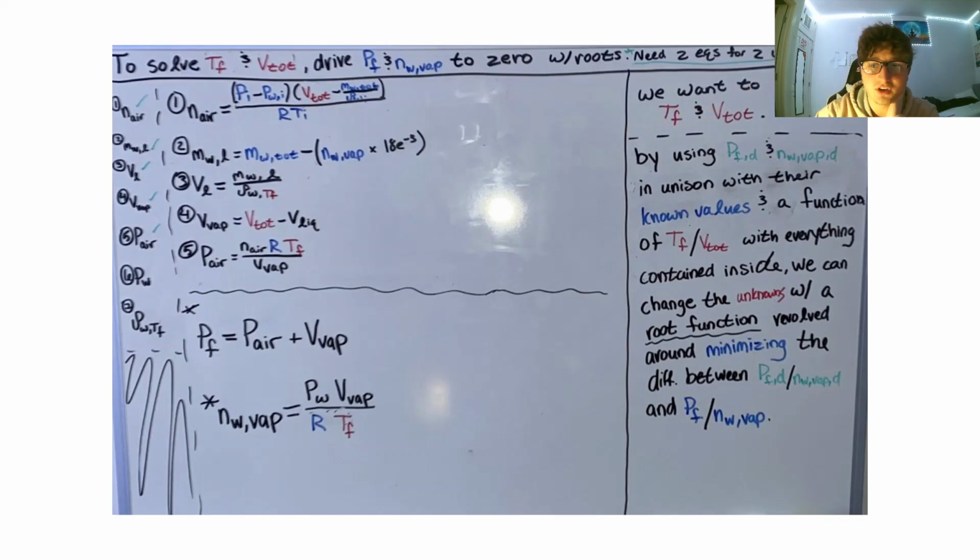So what we're going to do is we want to change TF and V total. We want to try and get these to the correct value so that they correlate with all of our known values.